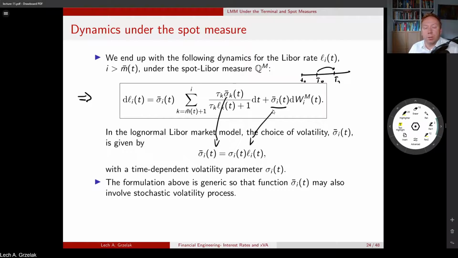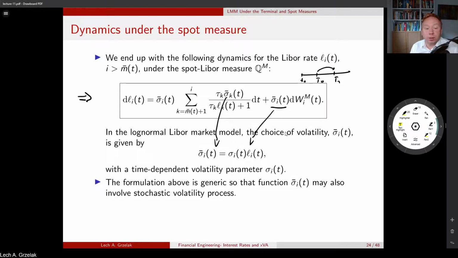We don't have anymore the problem that the Libor closest to today has the most complex dynamics structure and drift, which involves the Libors in the whole simulation scheme. So this is basically it. This is the dynamics of the Libor market model. This is the famous Brace-Gatarek-Musiela BGM model or LMM, the Libor market model.